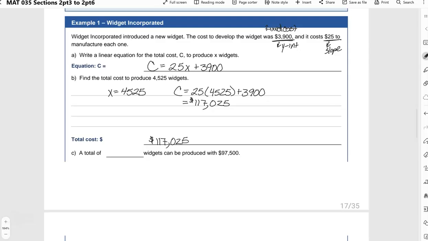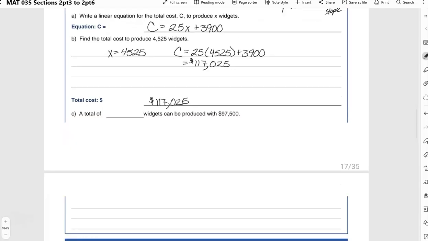117,025. So C is saying a total of blank widgets can be produced with $97,500. And now they're giving us the cost and they're asking us to find X. So we have 97,500 is equal to that 25X plus 3,900.